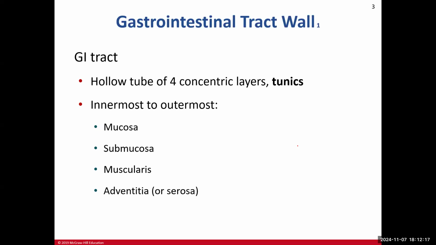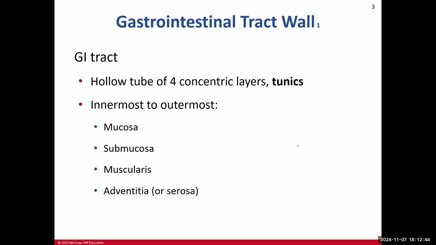So how do you differentiate between the adventitia and the serosa? Simple. Serosa, think serous membrane. Anytime any part of the digestive tract is covered by a serous membrane, we refer to that outer layer as the serosa. When it's not covered by a serous membrane, we call it the adventitia. You're going to hear a term as we move through this chapter called retroperitoneal.